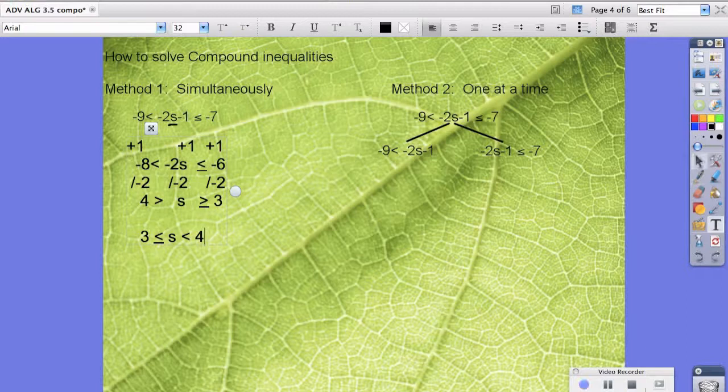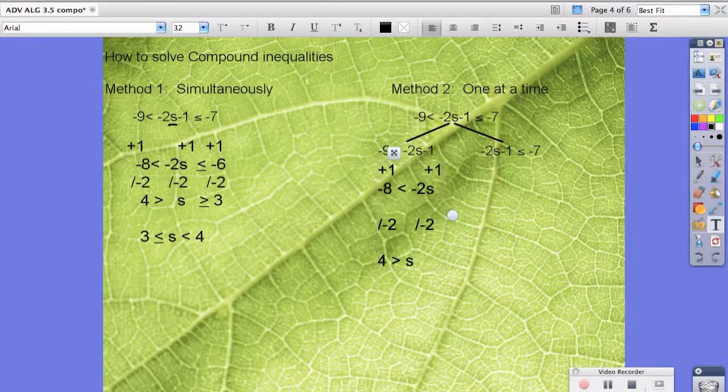To solve this problem using method 2, we're going to have to go through the same process. We're going to have to add 1 to both sides. -9 plus 1 is -8, so -8 is less than -2s. Then we're going to divide by -2 on both sides, giving us 4 is greater than s.